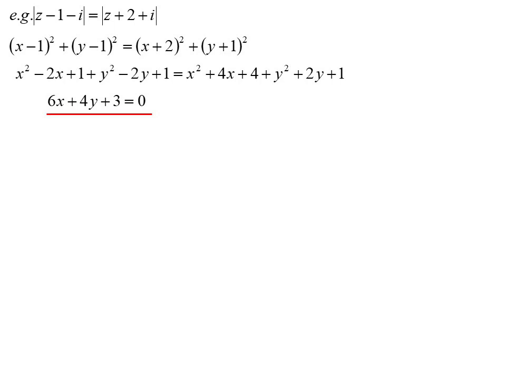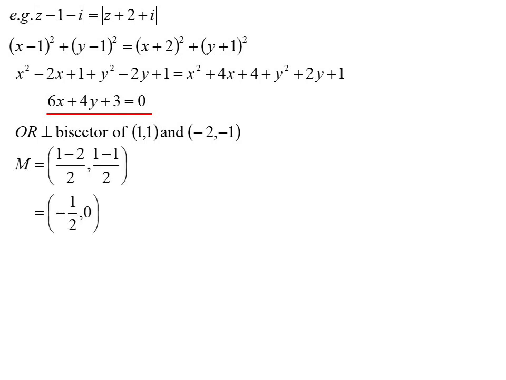But if I do recognise it as a perpendicular bisector, and the 2 points would be 1, 1 and negative 2, negative 1, there's still a bit of work to do. I'm not going to say this is going to be quicker than the other one, but it is a different way of thinking about it. How do you find a perpendicular bisector? What do I know? I know the line has to go through the midpoint of the 2, because it's a bisector.